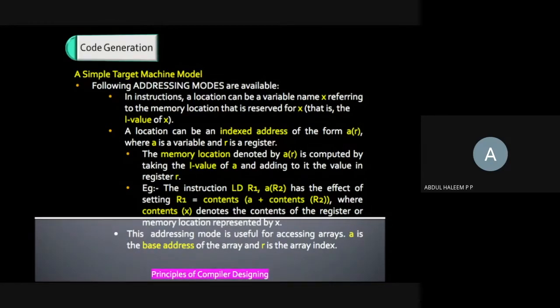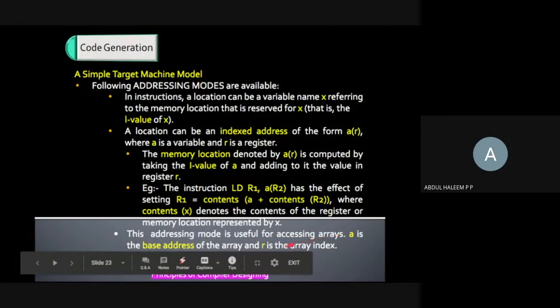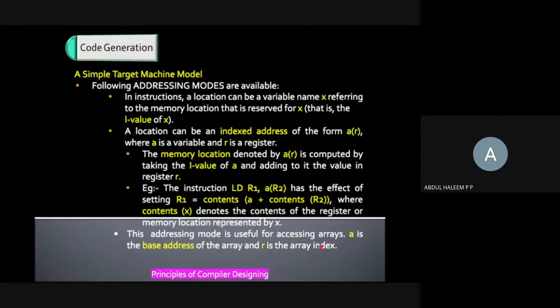Depending upon the index value, the position of the array element will change. So here R takes the role of the array index, and A takes the role of the base address. This indexed address is ideal to represent array manipulations. Either an array element will have to be read or an array element will have to be written a value. Both can be done.